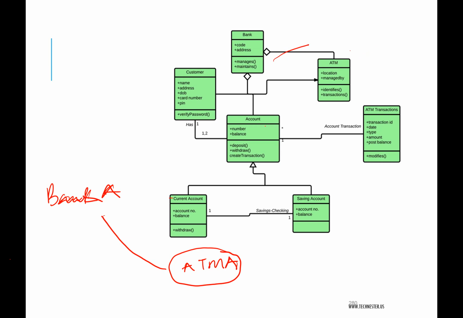Now, let me ask a question. How many types of account do we have in this model? Two.